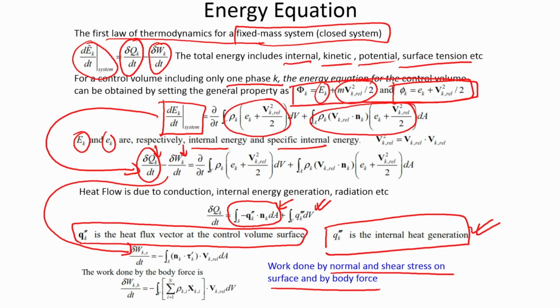We already saw in the momentum equation that there was shear stress, body force and normal stress. So, this is the work done by all those forces. Naturally, the work done by the total stress is given by this. Similarly, the work done by the body force is given by this. So, these are the two work related terms, by the body force, and by the normal stress and shear stress on the control volume.